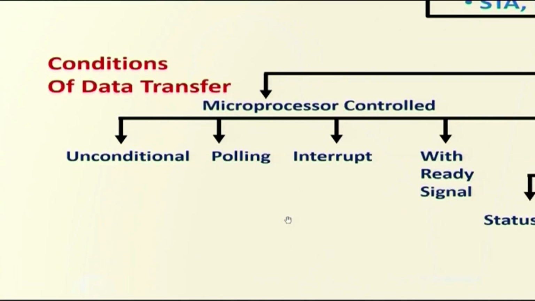The first one is unconditional data transfer. In unconditional data transfer, the microprocessor transmits the data to the output device. The microprocessor assumes that the output device is always connected. So, it simply transmits without checking the ports of the output. It is like a simple jump instruction, which is the unconditional data transfer.